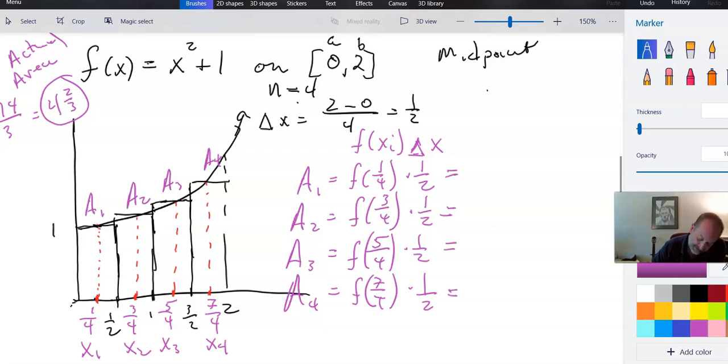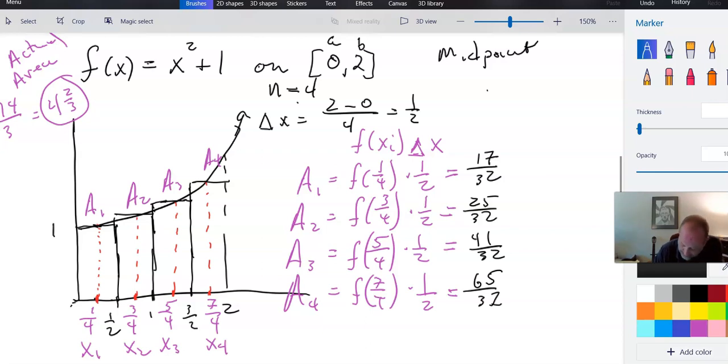Now these get pretty messy, but you can check your arithmetic and you should get, for the first one, 17/32, you can already see it's messier. Then 25/32, 41/32, and 65/32.